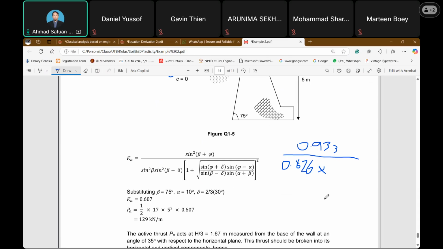Dapat? Okay, let me try first. Sin alpha plus beta, 85. Okay, then square root 1 plus, okay, then power by 2, 2.31.